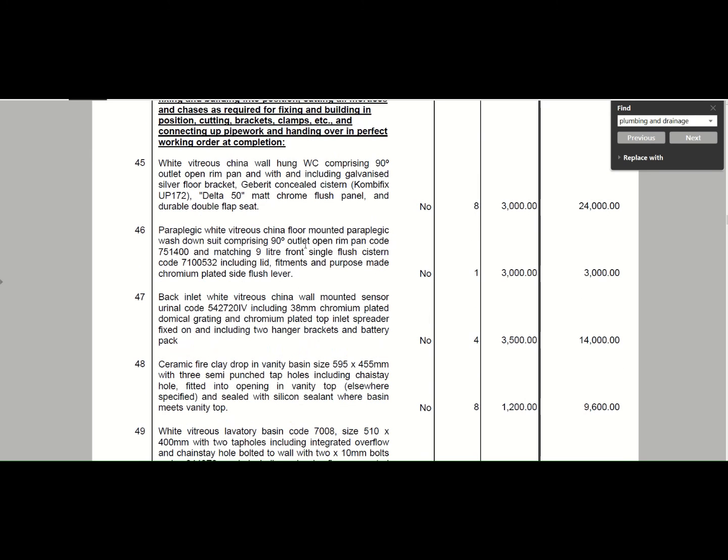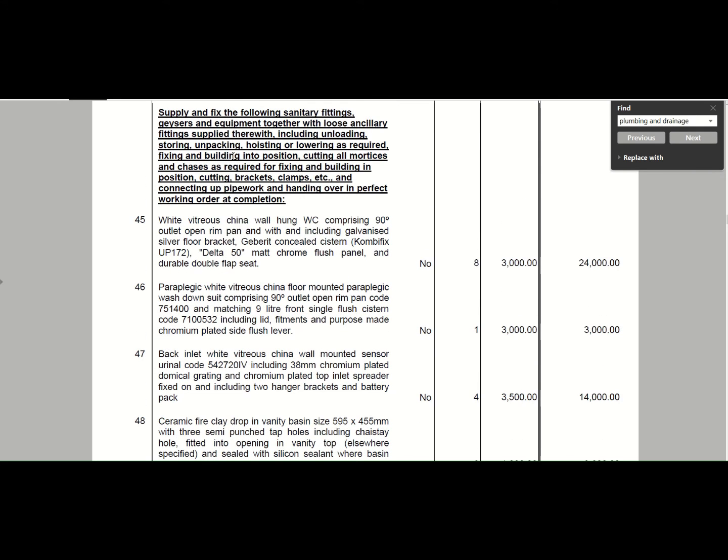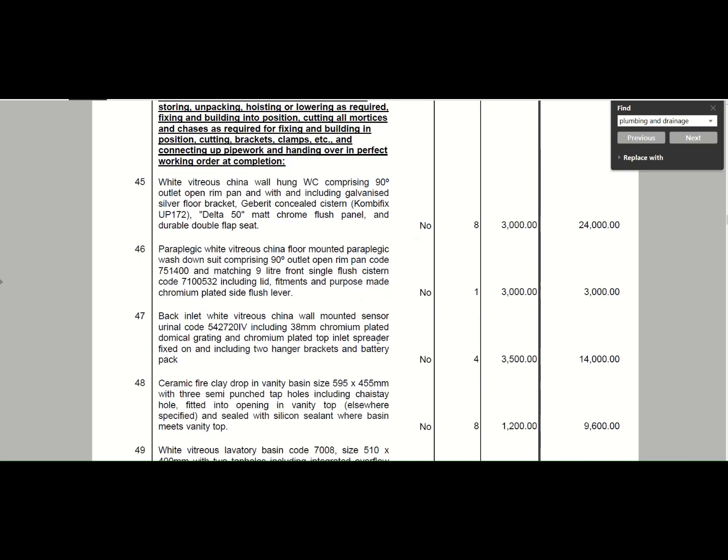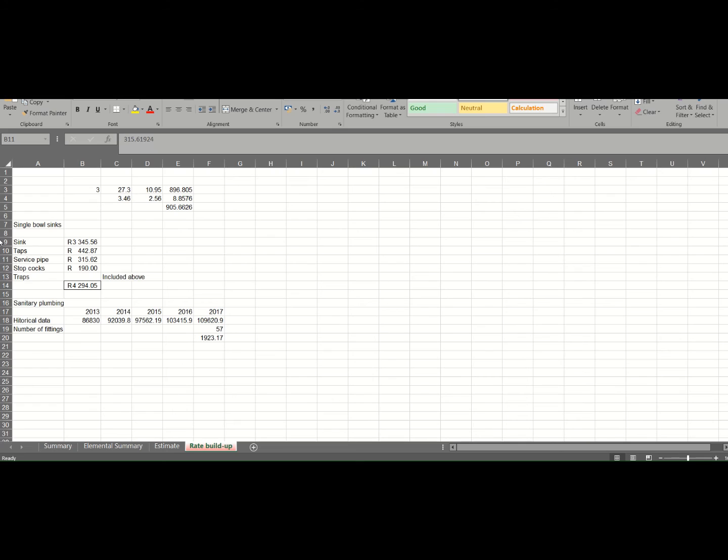In this instance, we've got our sanitary fittings, we've got our china wall-hung WCs, paraplegic WC, back inlet white sensors, etc. So you take all of those components and do your estimation, and then you do your rate build-up in a similar way as all the others.